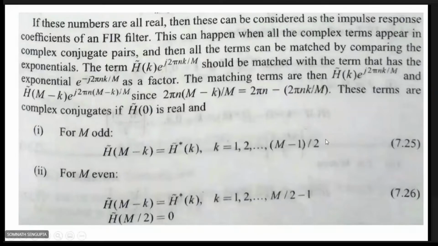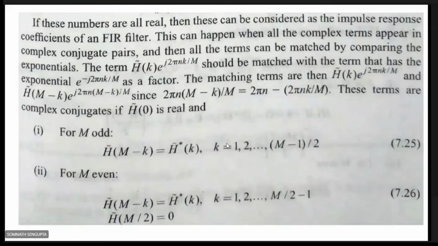For those values of k, what will happen? The first three samples of hk would be H1, H2, H3, and the next samples H4, H5, H6 will be equal to H1, H2, H3, but complex conjugate.